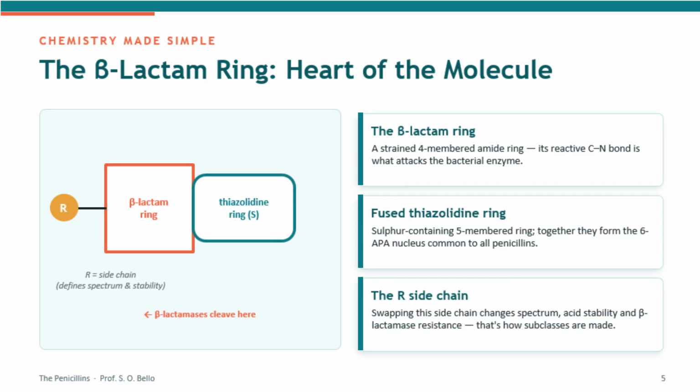And note where the arrow points. Beta-lactamase enzymes attack and cleave that beta-lactam ring, destroying the drug. Keep that cleavage site in mind because it's the center of the whole resistance story.